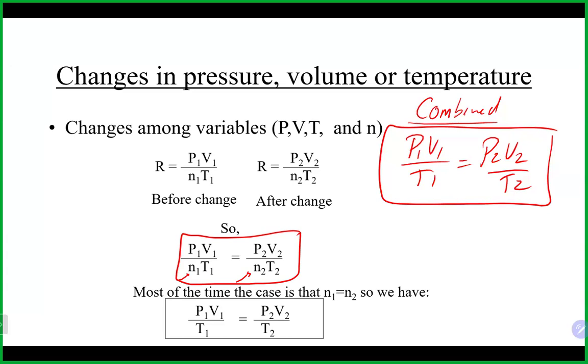Now, before we actually do any type of problem with it, if you want to invest your time in learning gas laws, which you need to know all of, I would invest my time in the combined gas law and the ideal gas law. The reason is this.